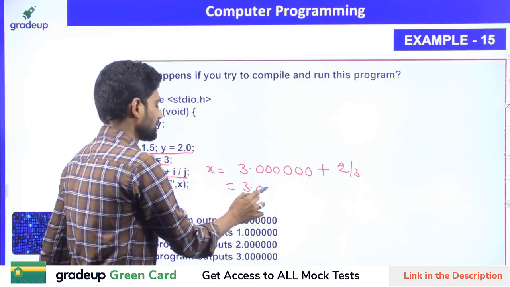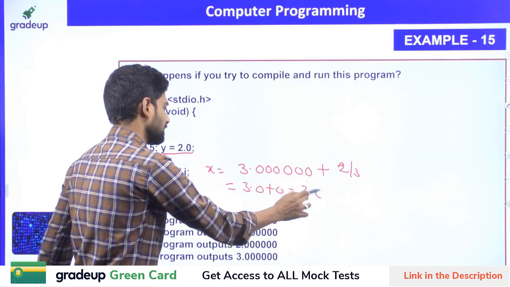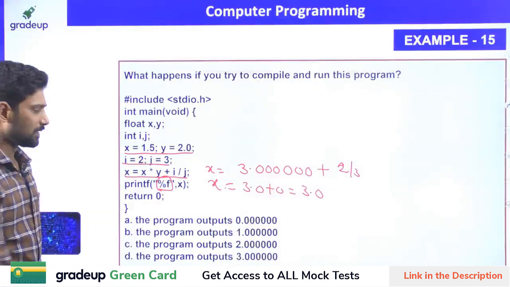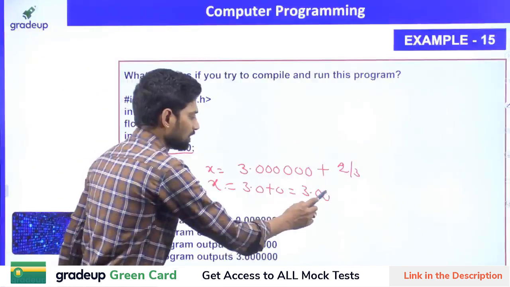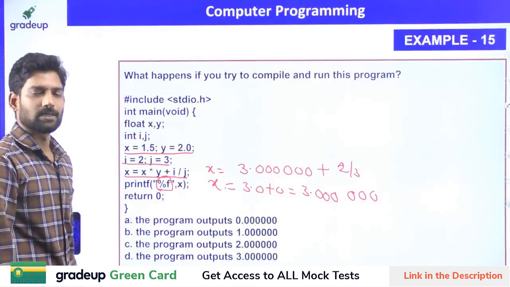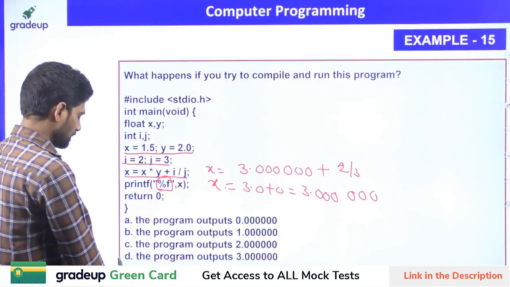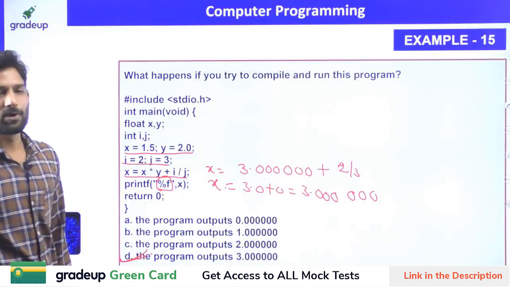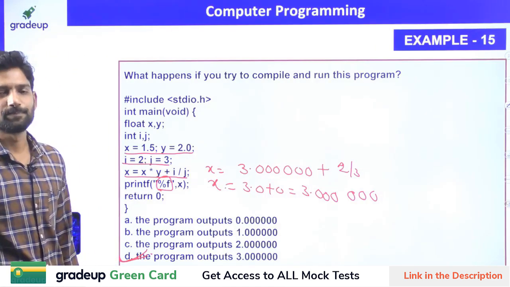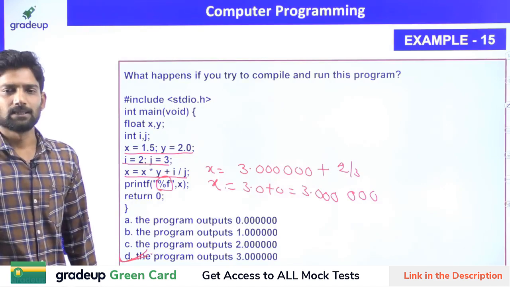So that is 3.0 plus 0, that is 3.0 only. But as we are printing it as a floating point number, that is printed with 6 fractional digits, because it is float. So the output will be 3.000000. Simple. Okay. Next one.